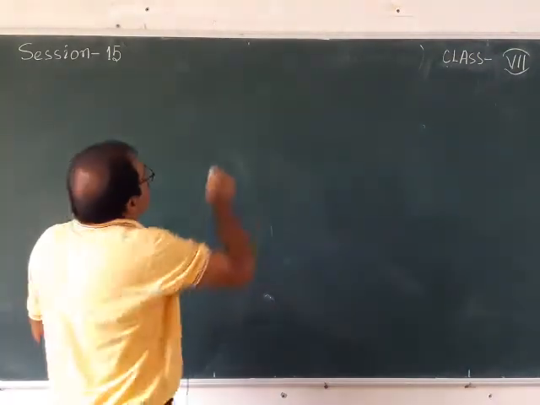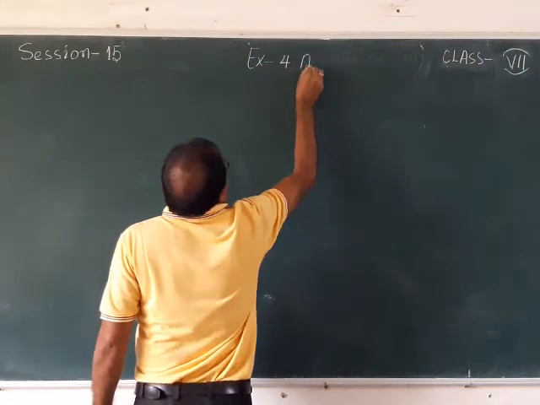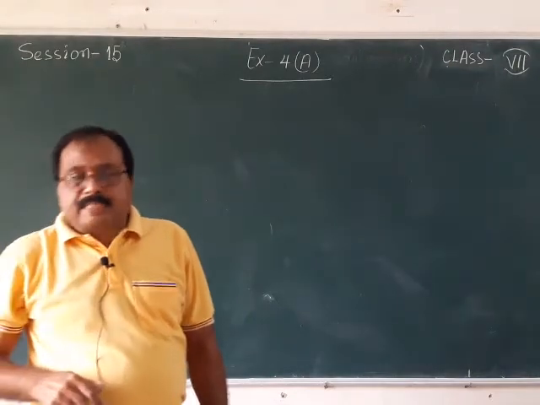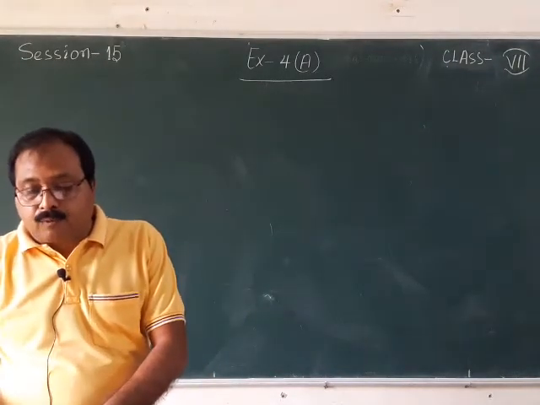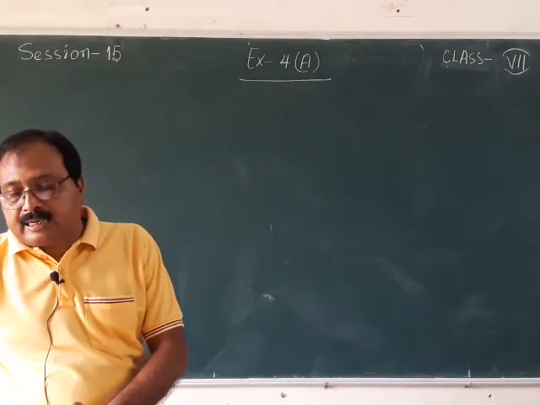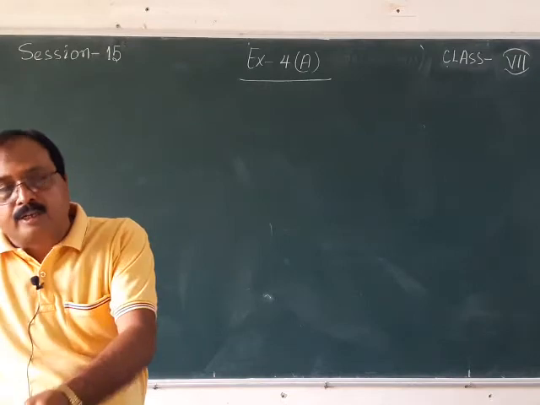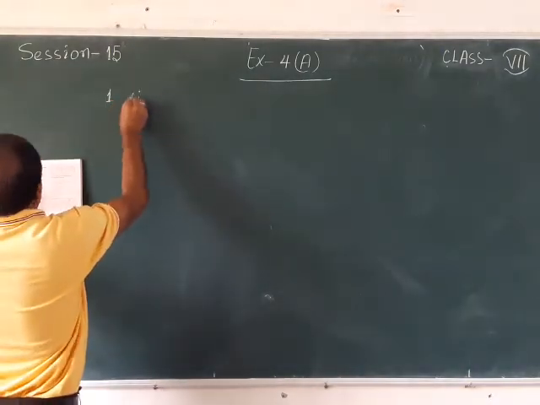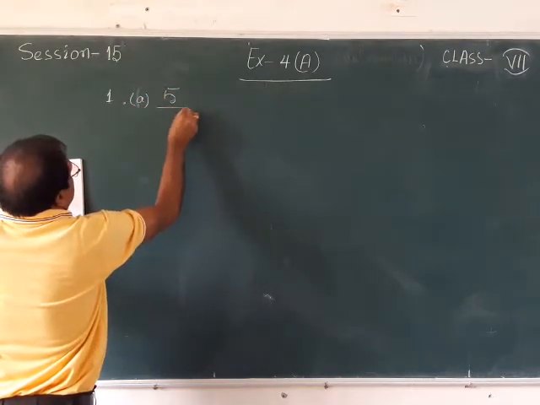Now my focus is on exercise 4a today. In 4a, just go to page number 55, look at exercise 4a: write the numerator and the denominator of each of the following rational numbers. Here you can see in question 1, 1a, it is written 5 by 8.